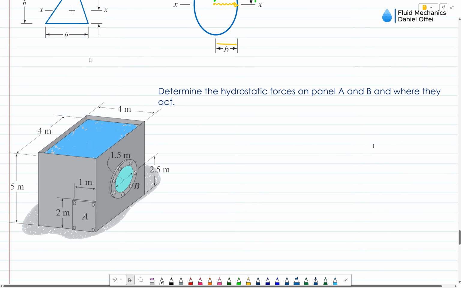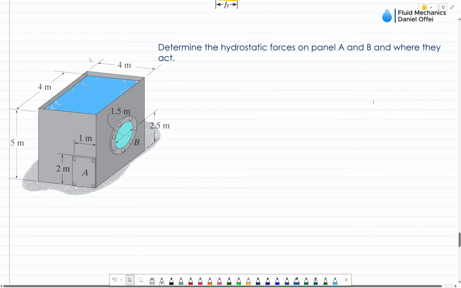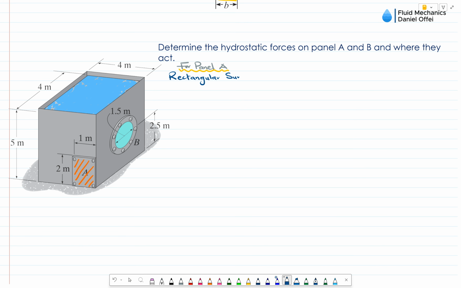So let's look at a simple example. In this question, we are supposed to determine the hydrostatic force on panels A and B and where they are acting on these panels. Now, if we look at it very well, we see that panel A is rectangular and panel B looks like a circular glass window.